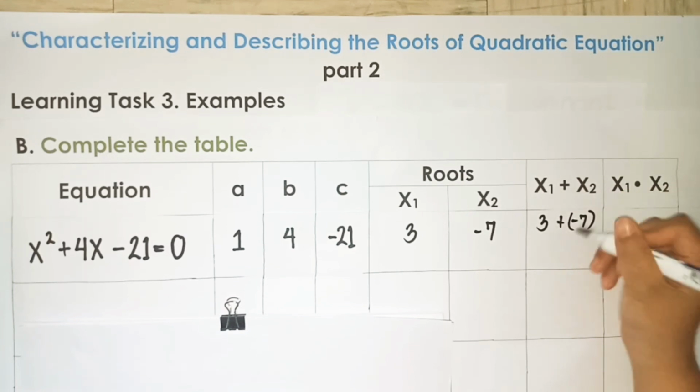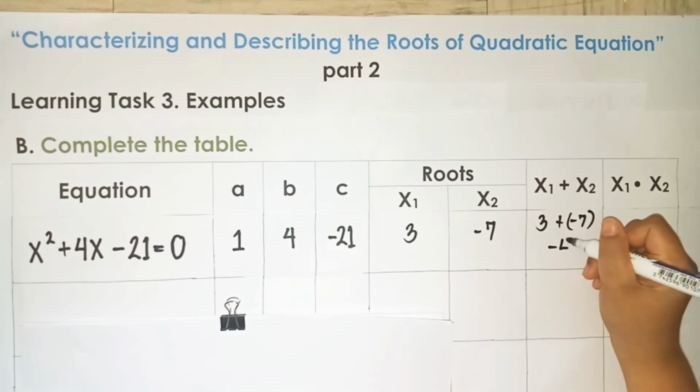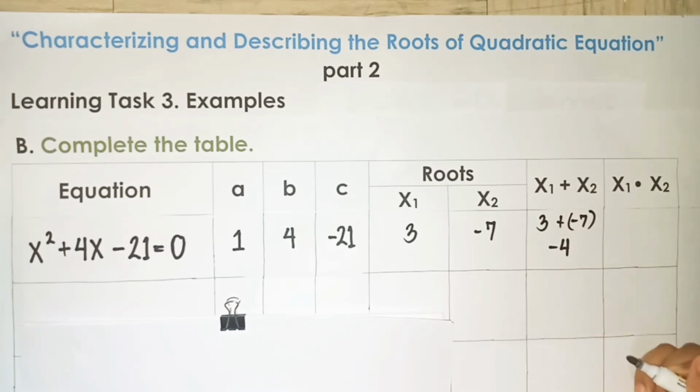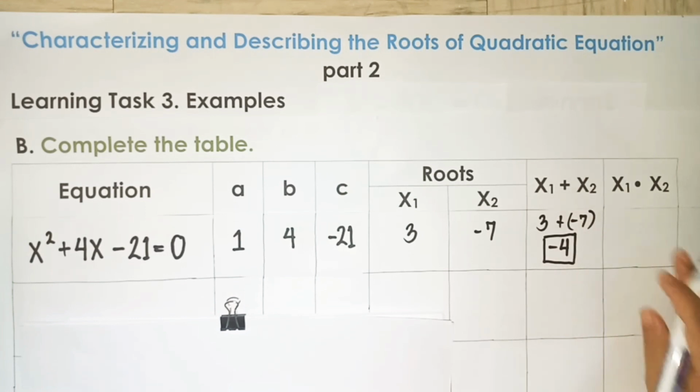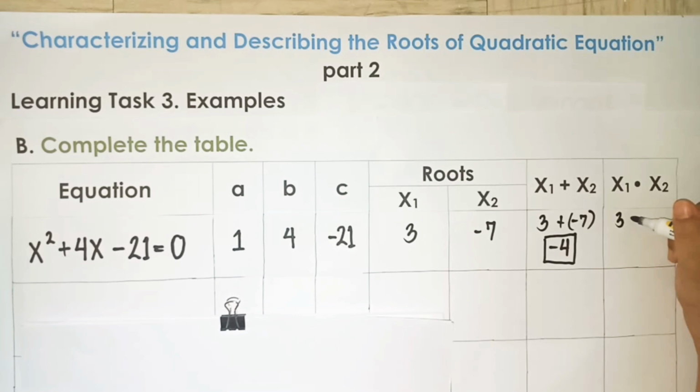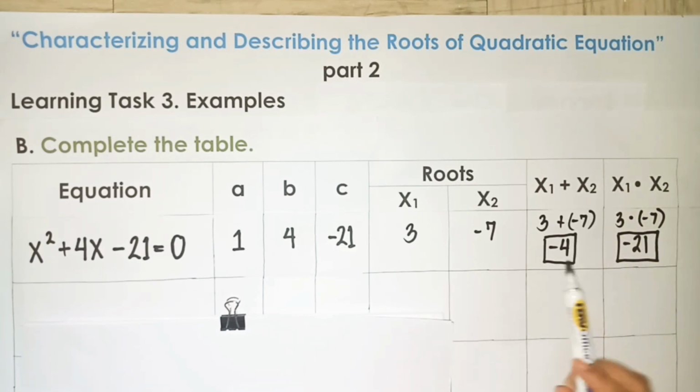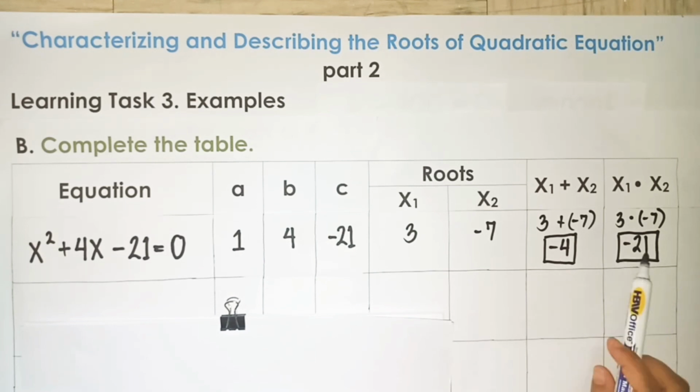So, that will be resulting to negative 4. While, if we're going to find the product, we have 3 times negative 7, we're going to have negative 21. So, the sum and the product of the roots are negative 4 and negative 21.